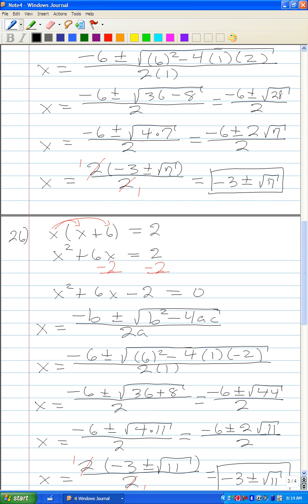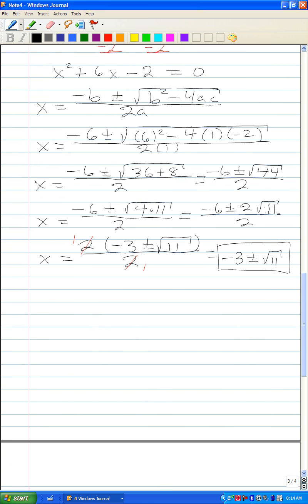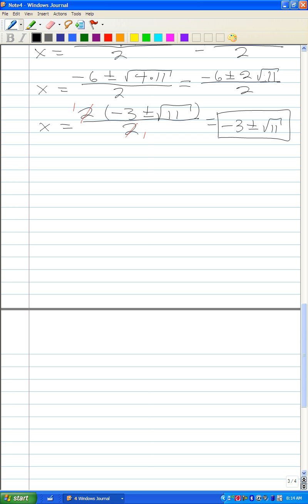Let me do problem number 32. So problem 32 says 3y squared plus 6y plus 5 equals 0.